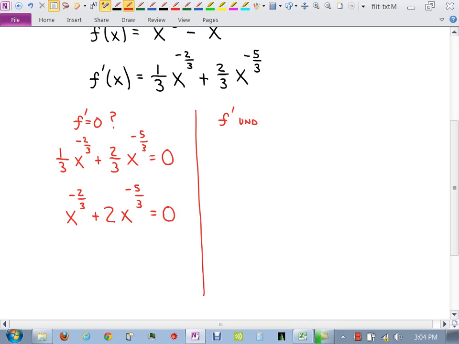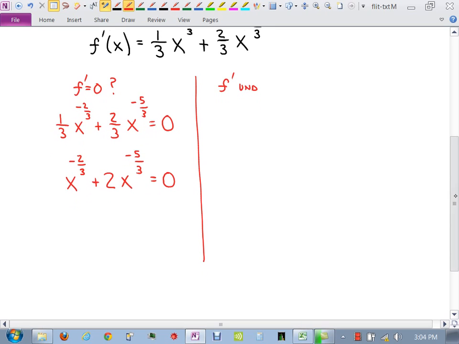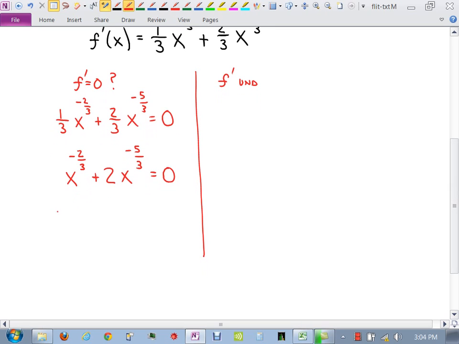Take out an x to the 2/3, positive or negative? How do you want to do it? Negative x. We got to be careful here. I'm doing as instructed, but x to the negative 2/3. Then what would be in here?